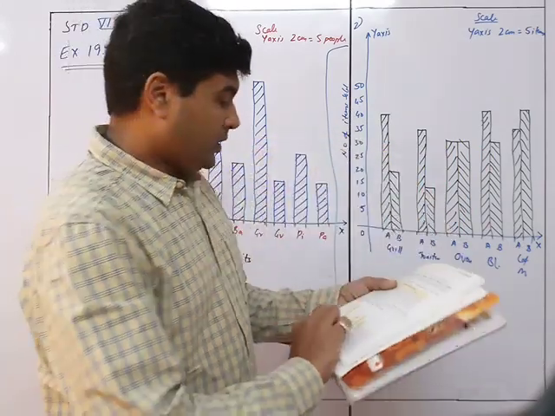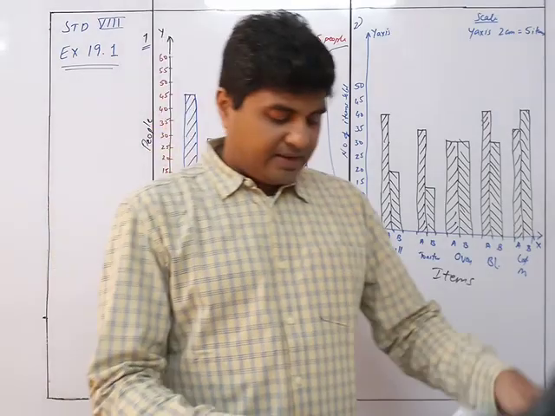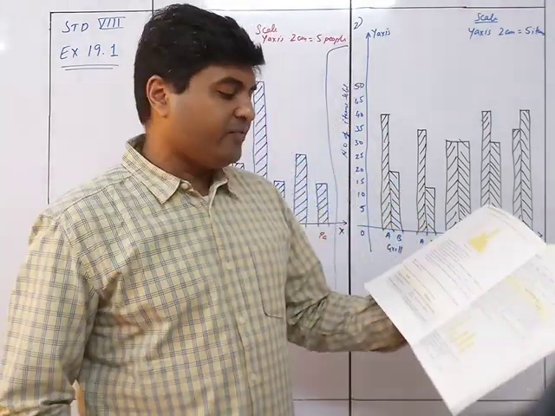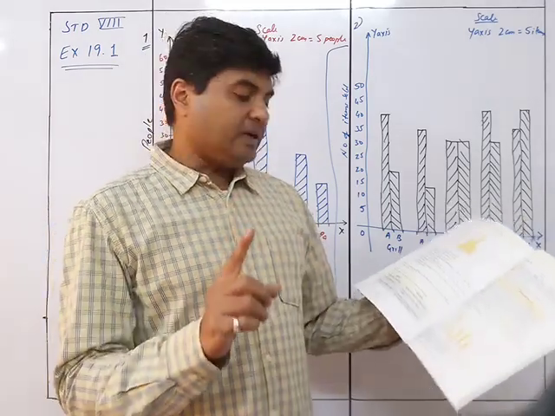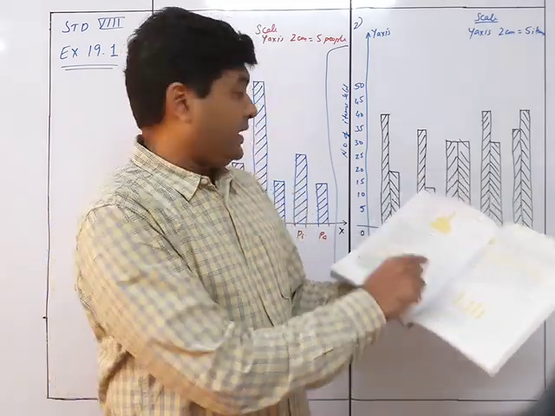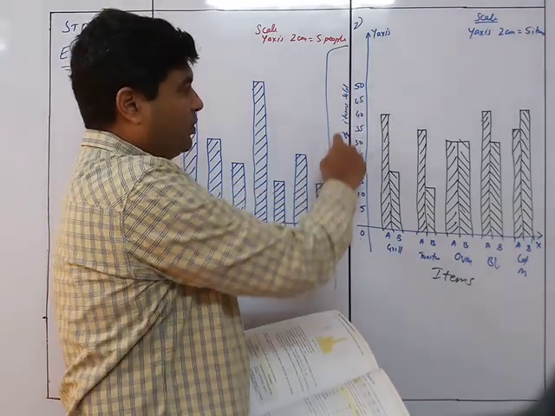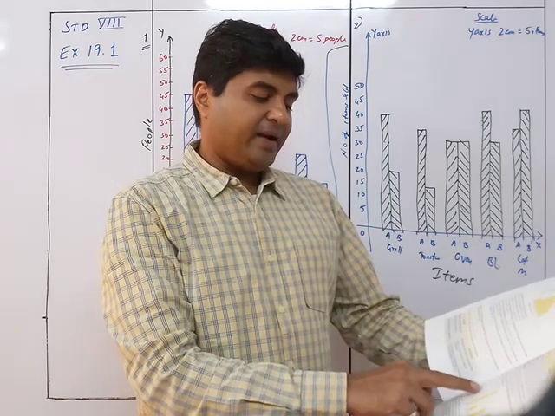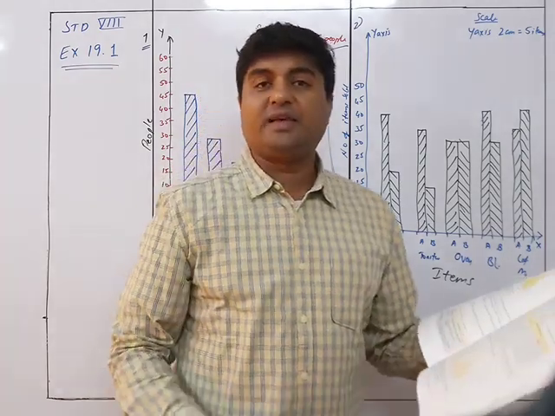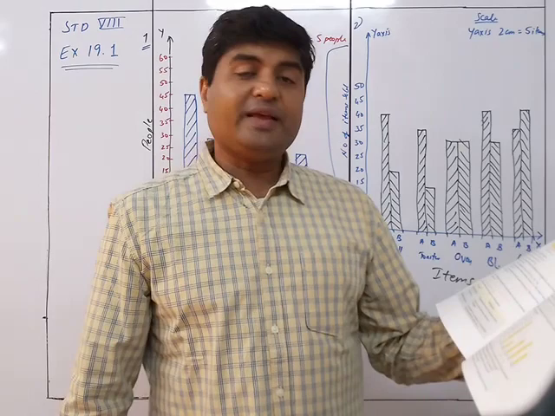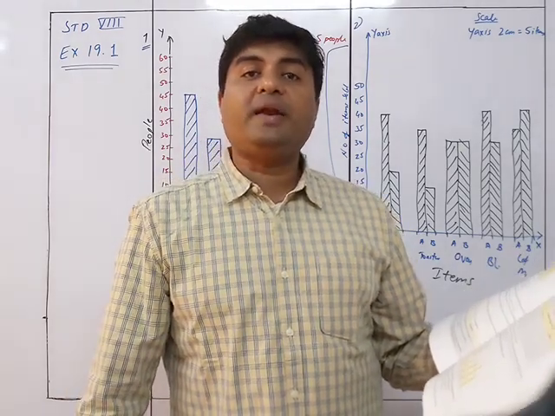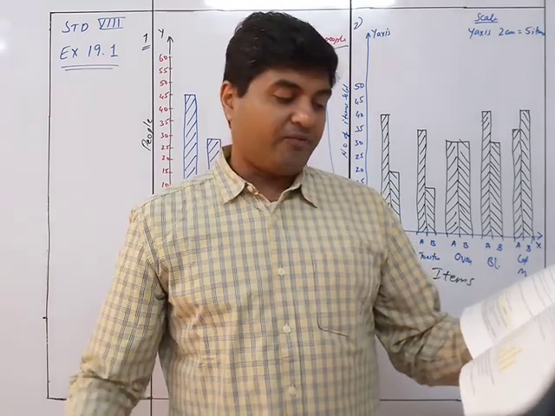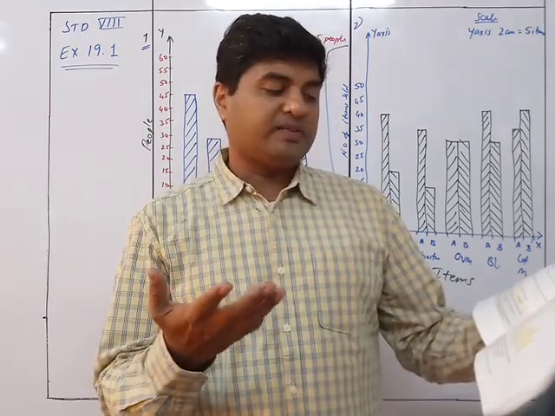Question number 3. Question 1 is, what is the information given by the bar graph? The information given by the graph is always between what is written over here and what is written over here. It is the expenditure in rupees and the items. It is giving you the details of the expenditure done on the different items of day-to-day life, like food, clothing, education, miscellaneous and savings.